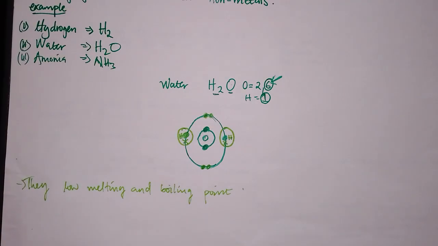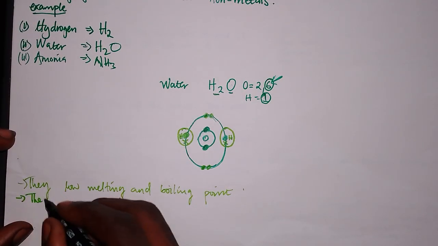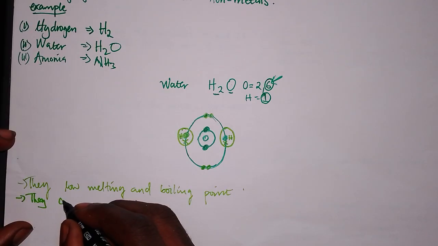One thing which can help you is to just consider the opposite of ionic bonding. Ionic bonding has high melting and boiling points, while covalent bonding has low boiling and melting points. Since ionic compounds conduct electricity, covalent compounds won't conduct electricity.